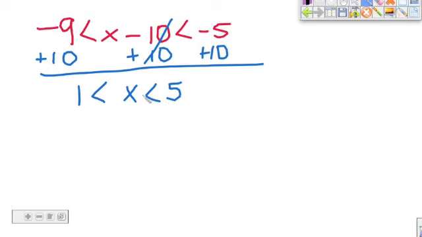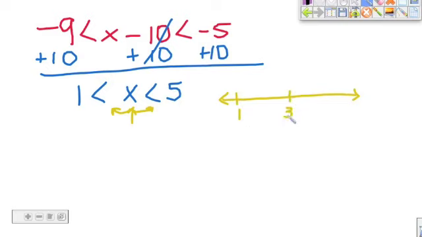So how do we read this? Always start in the middle when you start to read, and go this way and then go that way. Okay? X is greater than 1, because remember, it's always going to be open to the one it likes, the greater one. So x is bigger than 1, but it's smaller than 5. That's how you would write that answer. So I'm going to do 1.